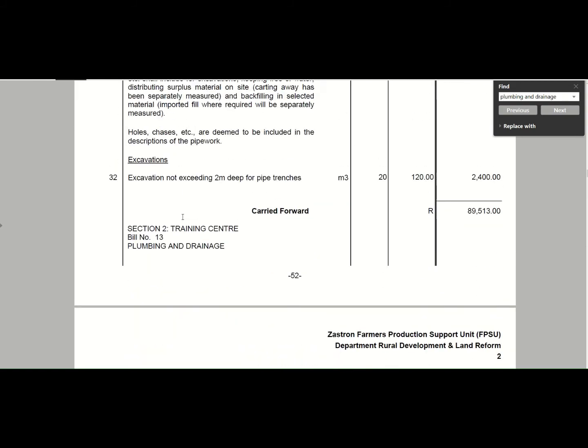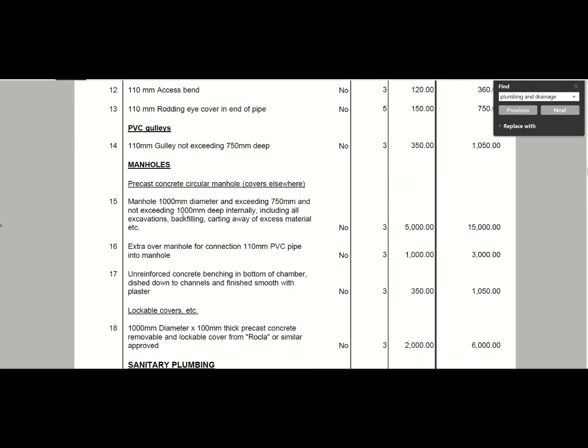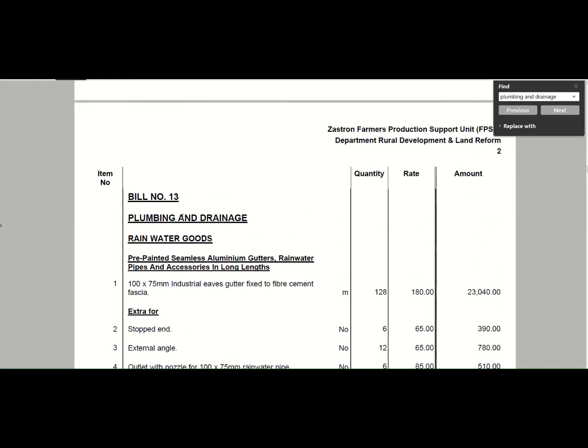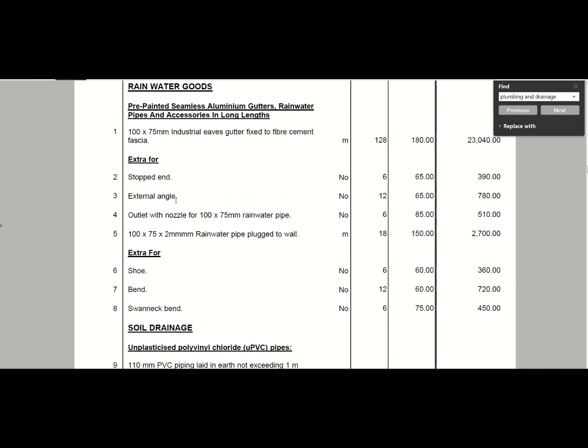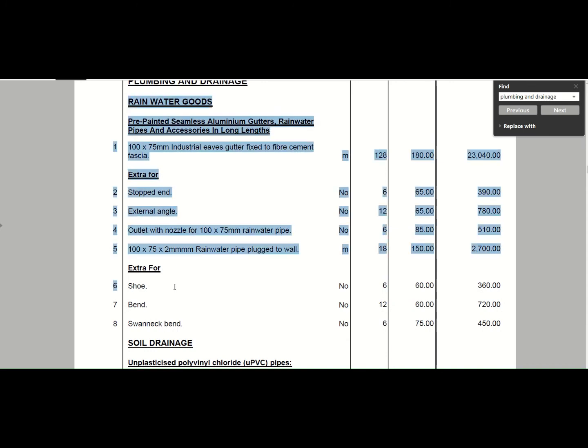Okay, so if you go through this in your bills of quantities, you will see a whole lot of items included here, but what you want to get to is basically just the rate per unit of your plumbing installation. So you would usually subtract your water goods.